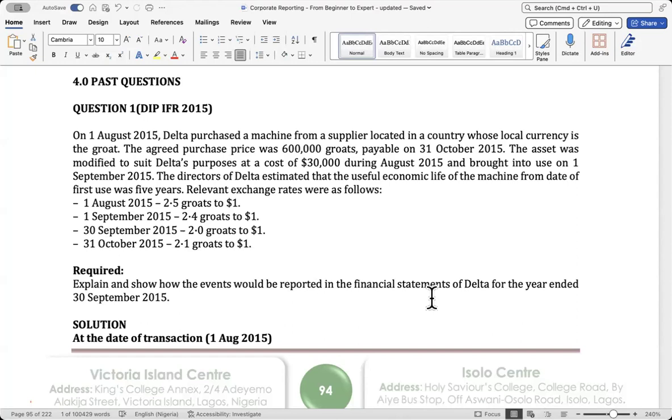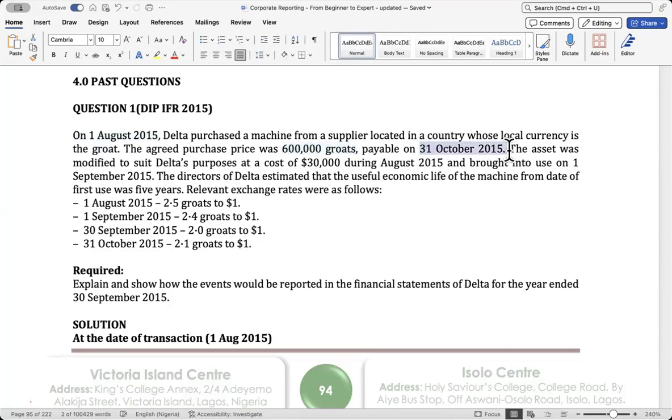So now the transaction date was 1st of August. And we purchased a machine from a country that uses goats. So the purchase price was 600,000 goats.